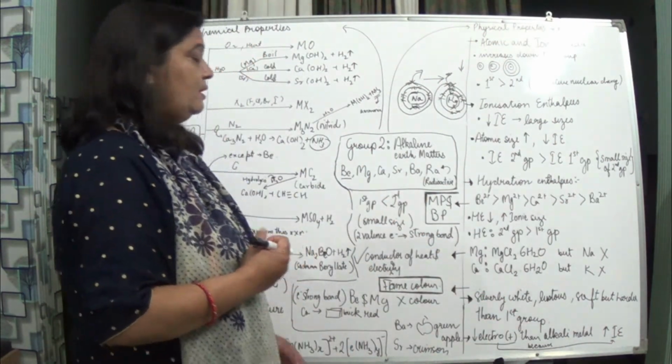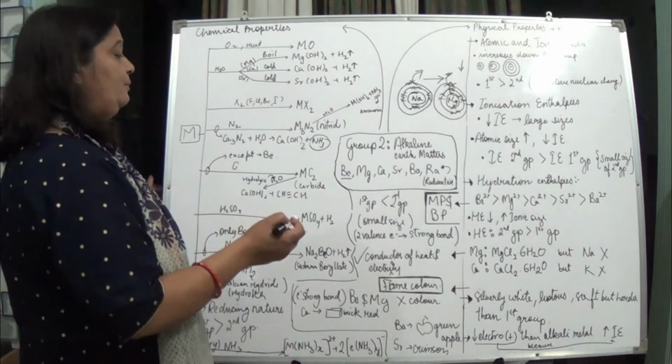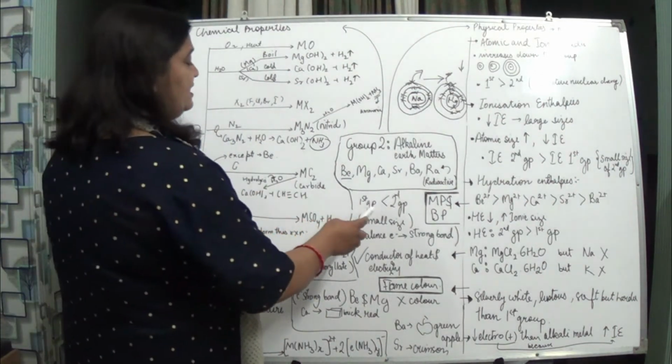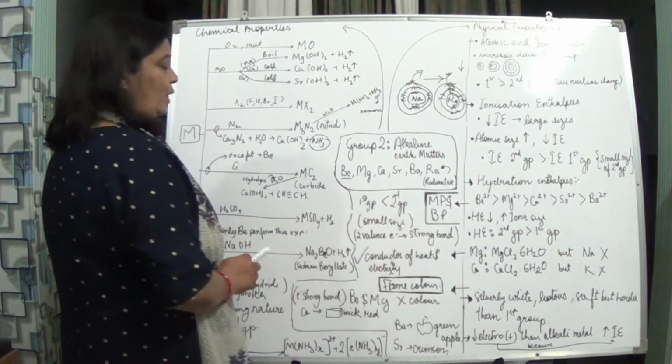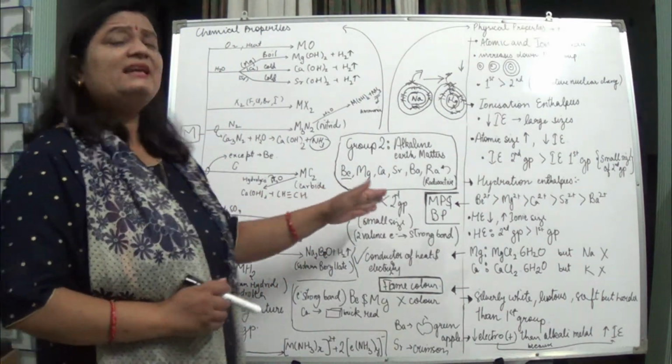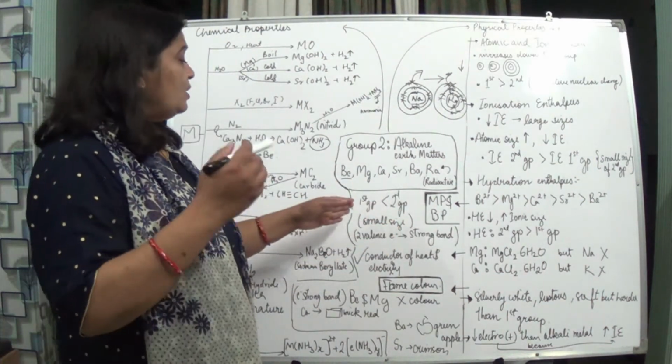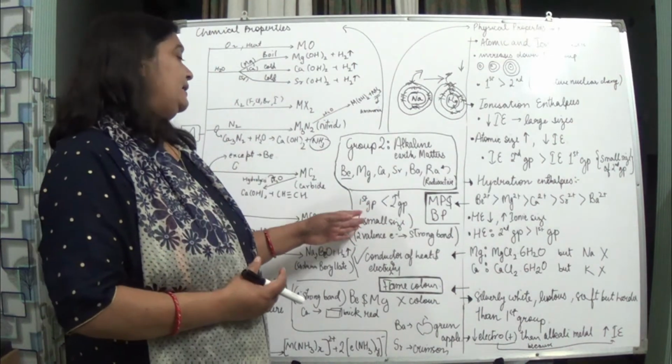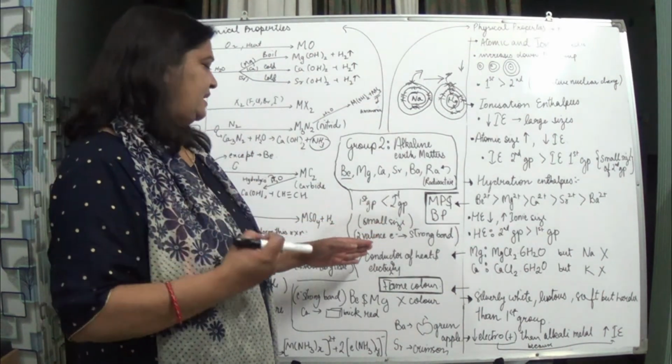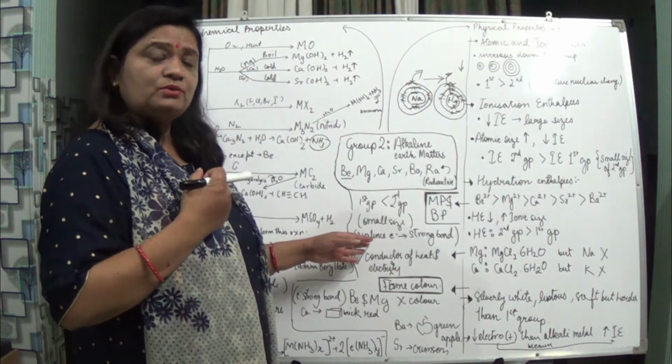Okay. Now coming to the melting and boiling points, we are seeing that they will increase. Why will they increase? Because they have a smaller size and 2 valence electrons are present.